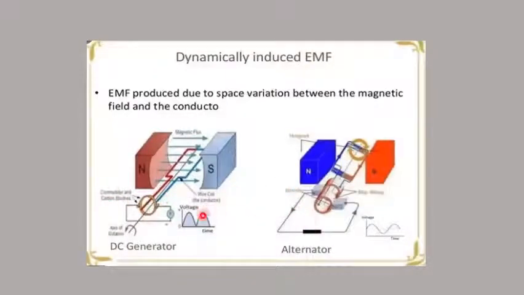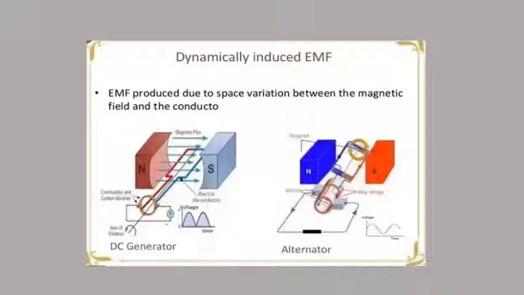This is a figure of dynamically induced EMF in which you can see that there is a permanent magnet and this is a coil. This is a DC generator and this is an alternator, an AC generator. There is a huge difference between these two and we will discuss it in the coming topics.